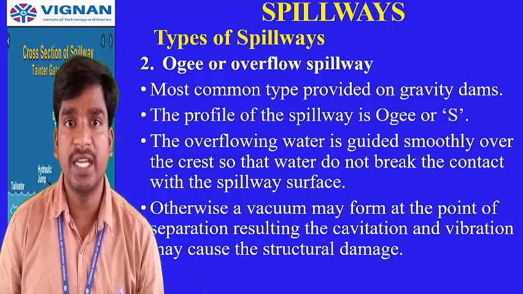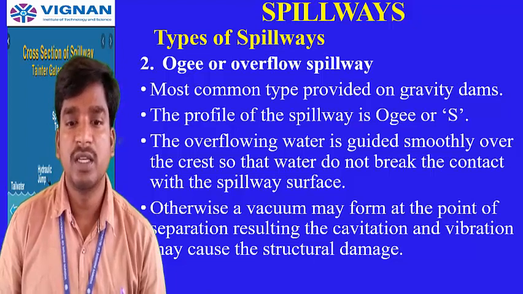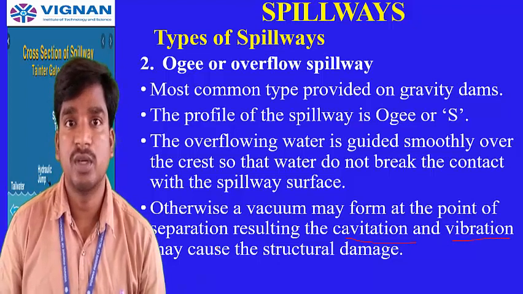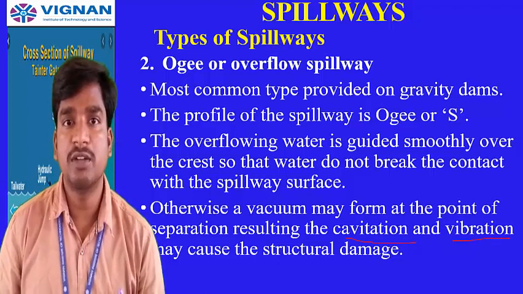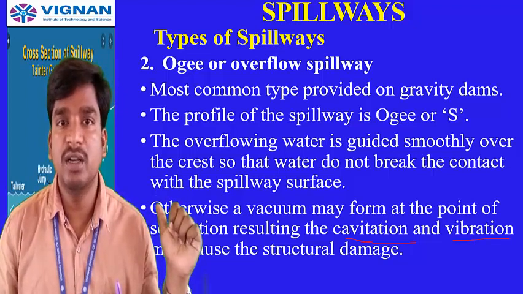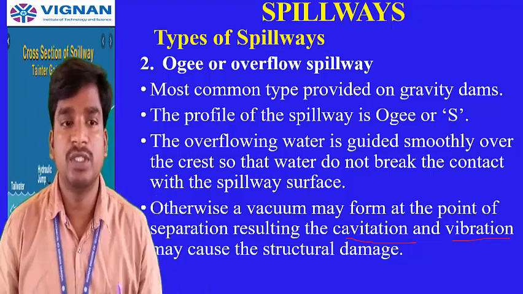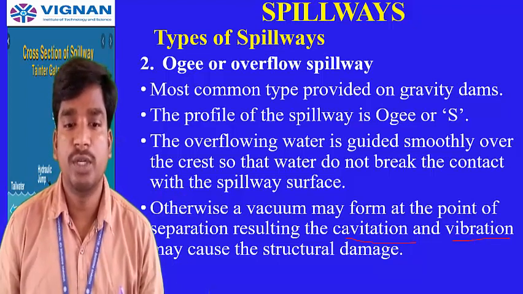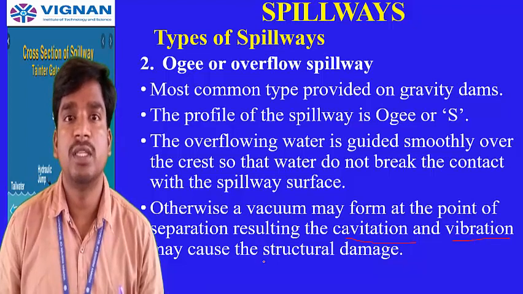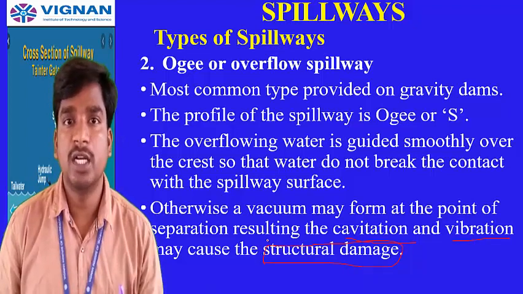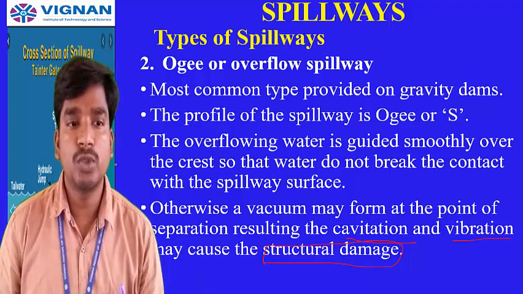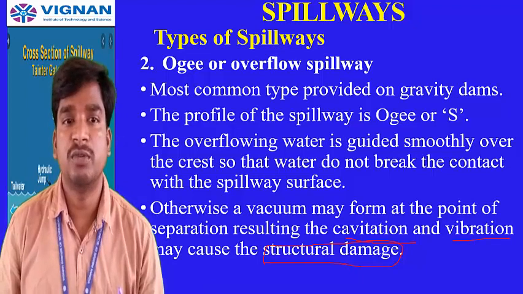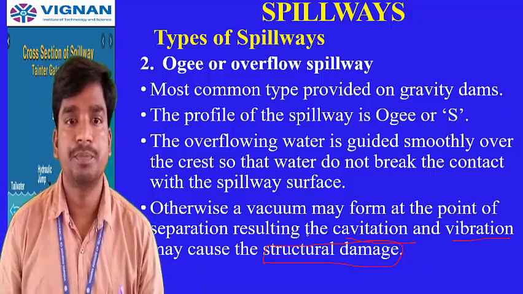This vacuum may create cavitation or vibrations on the ogee surface, which may lead to damage of the spillway. It may cause structural damage to the spillway. So it is very necessary to keep close contact between the flowing water and the ogee surface. It is very essential.